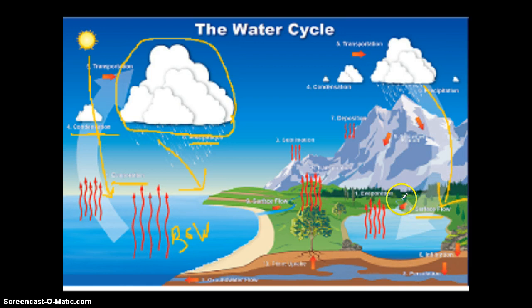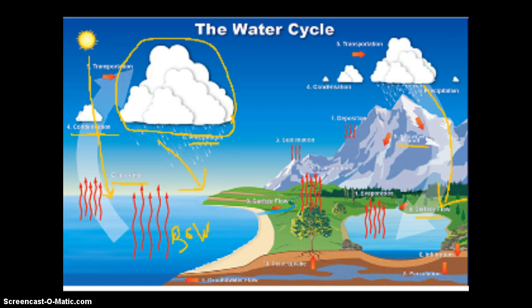We can also have other ways of water getting into the Earth's water cycle. If you take a look, right here it says snow melt runoff. Well, we have snow all over the world, and snow is frozen water. When it melts, it turns back into liquid. So that's one other way to get more water into our system.